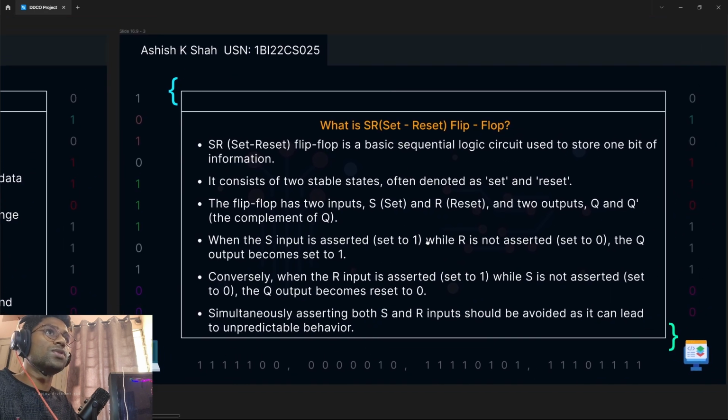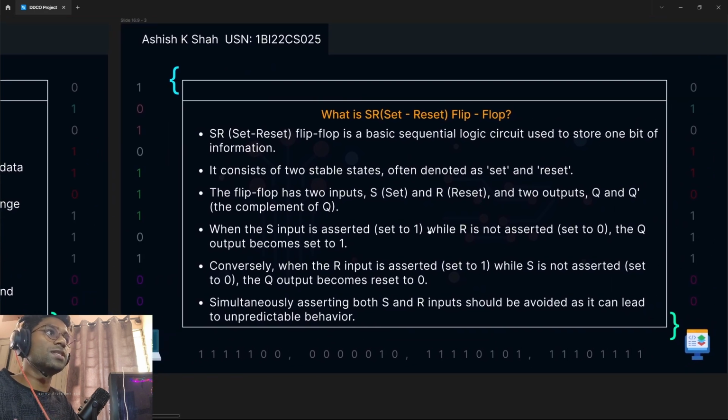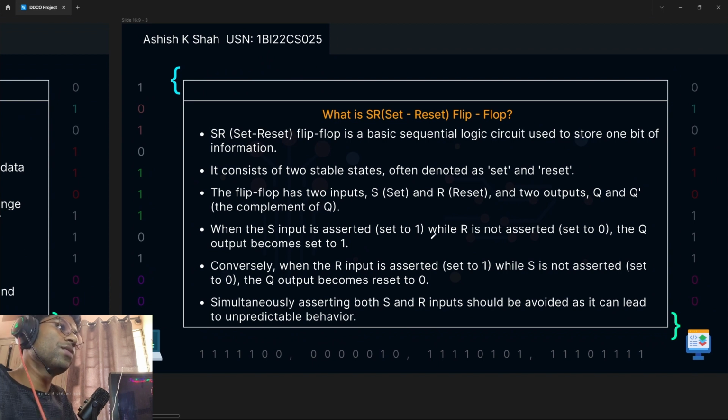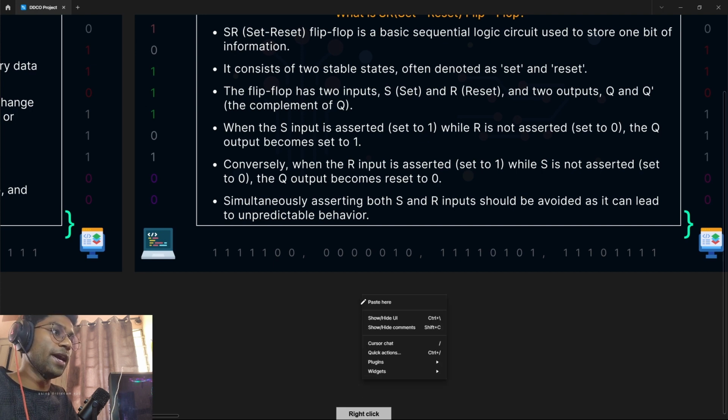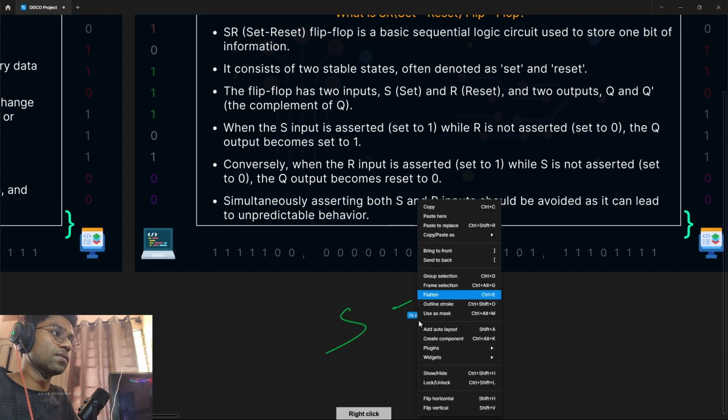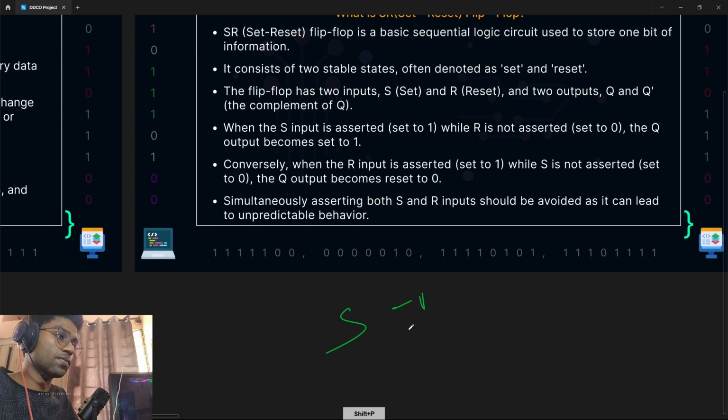Okay, so let's go through what an SR flip flop is. First, let's go through the meaning of SR. S means set.